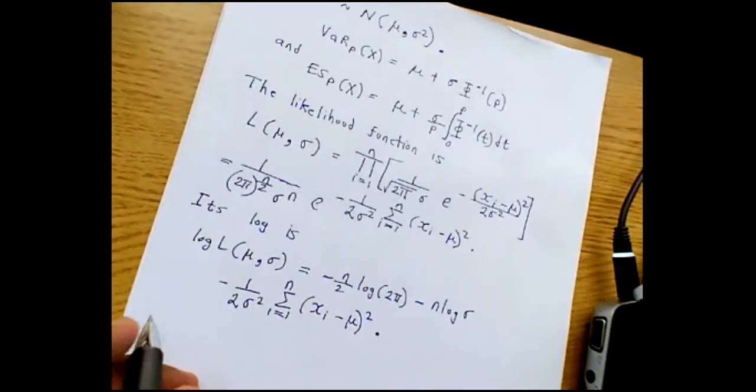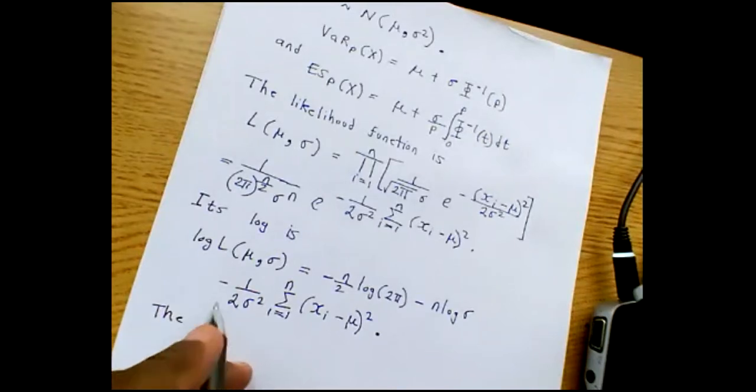And then you take the partial derivatives. Because you have two parameters, you need to take the partial derivatives, not the ordinary derivatives. I'm sure you know that.